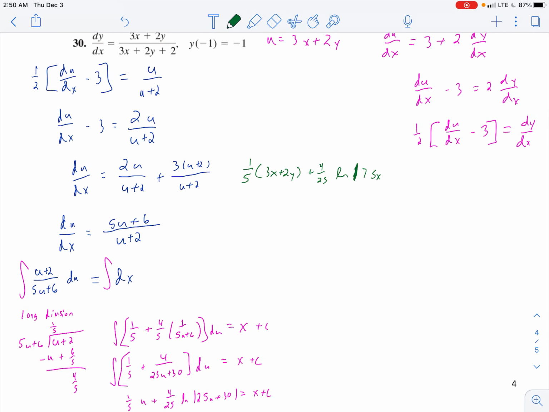You should know that's absolute value. Plus 50y + 30. That's equal to x + c.